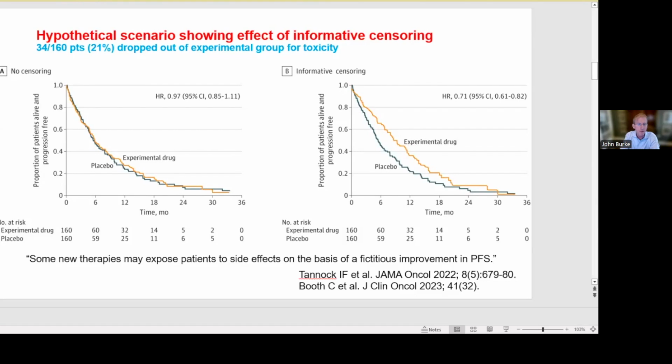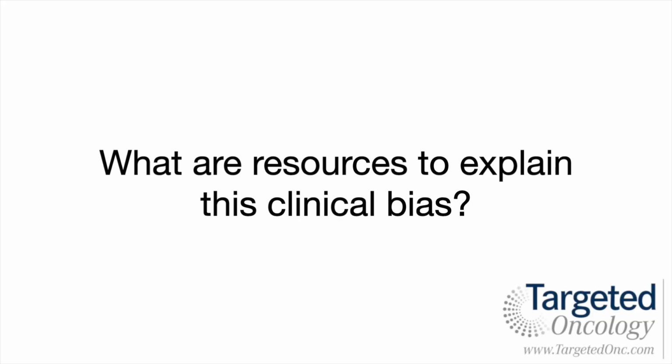I thought it was, and still think it's, a really important topic for all of us to improve our ability to read oncology trials critically and understand their strengths and weaknesses. And I think this particular topic is a weakness of a number of clinical trials that we read and might be a potential source of bias. And so it's something for us all to be aware of and be on the lookout for.